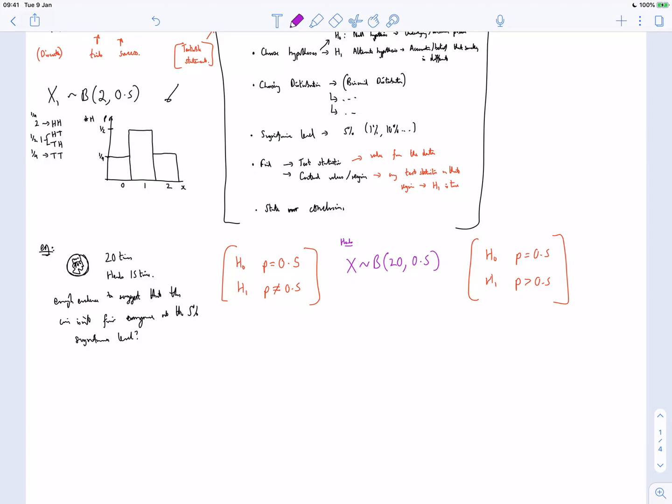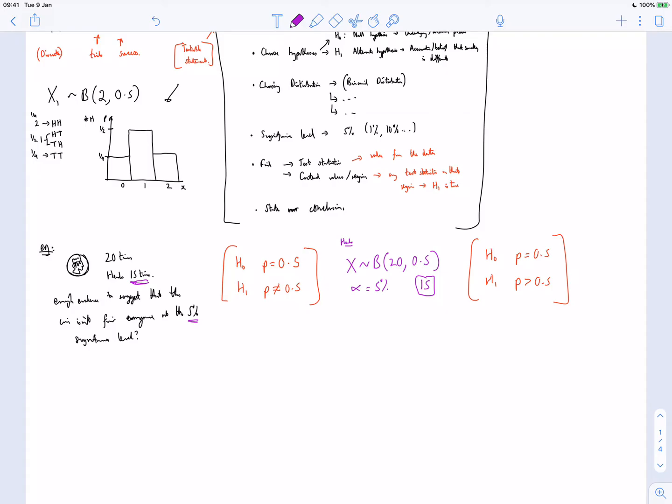So a binomial distribution seems to fit what's going on here. Next up, the significance level is given as 5%. You usually see in textbooks that is alpha. Alpha is 5%. And now I want to find the test statistic. Well, the test statistic is 15. So we're checking 15. And now we need to calculate the critical values or the region.